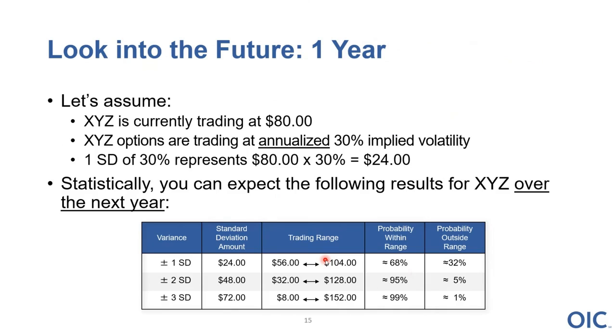What this means is if implied volatility is 16%, then that number is suggesting that the average daily move in the stock is going to be 1% every day between today and expiration date.